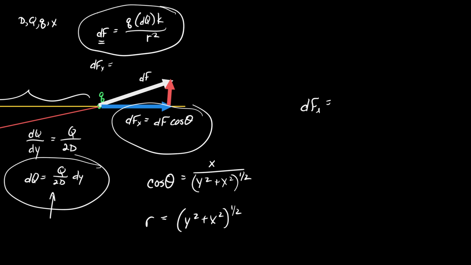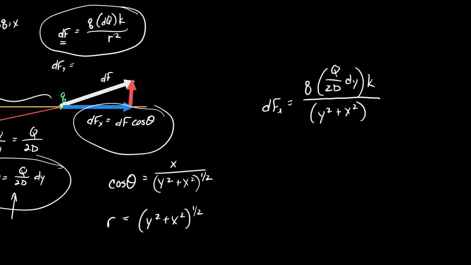All right, it's going to be messy, but Q times q over 2d dy times k divided by r squared times cosine theta.